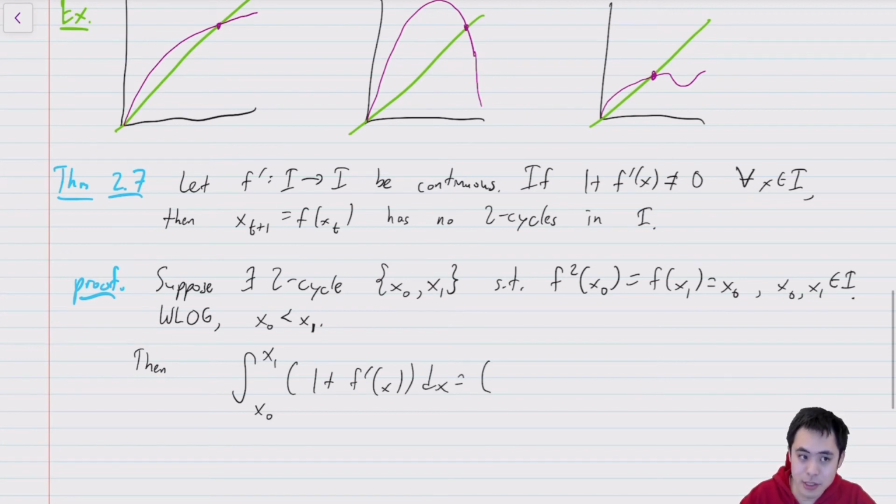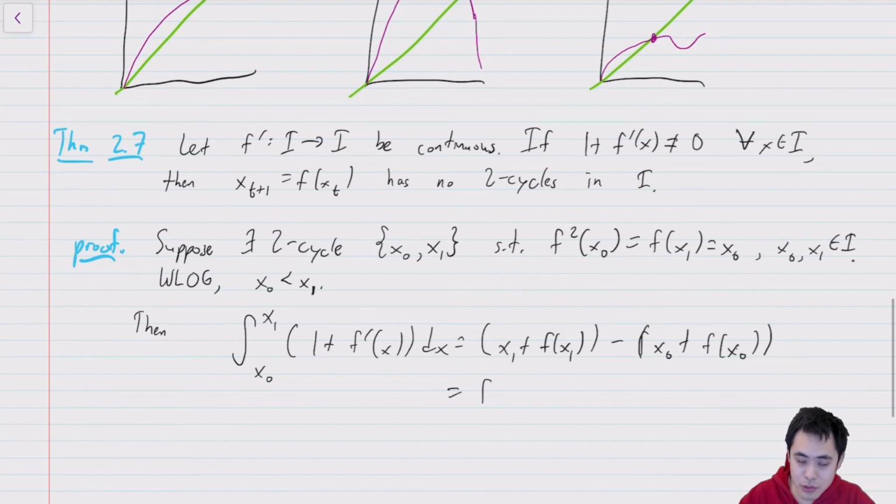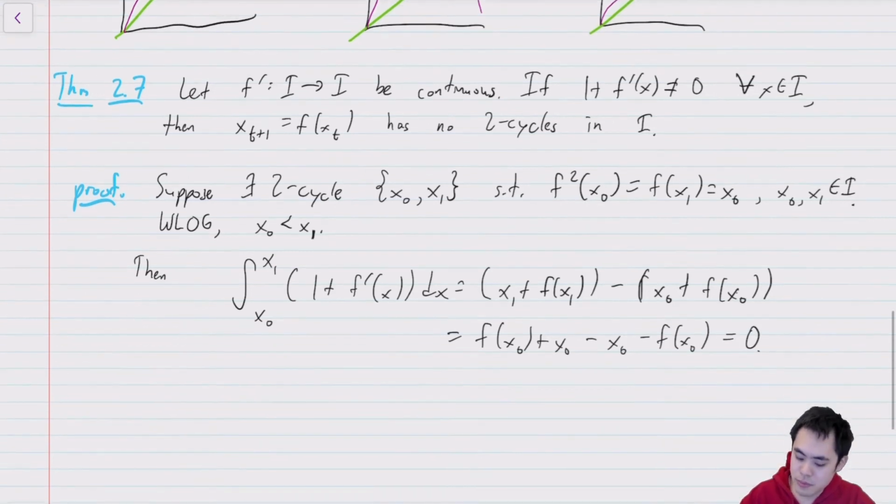Well, that is, of course, equal to x1 plus f of x1 minus x0 plus f of x0, which is equal to f of x0 plus x0 minus x0 minus f of x0, which is equal to 0.